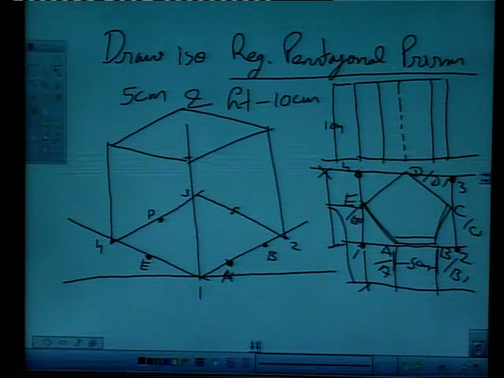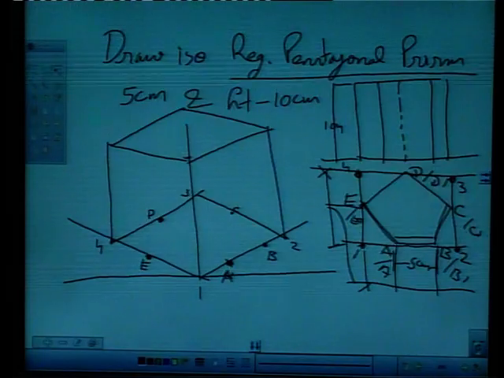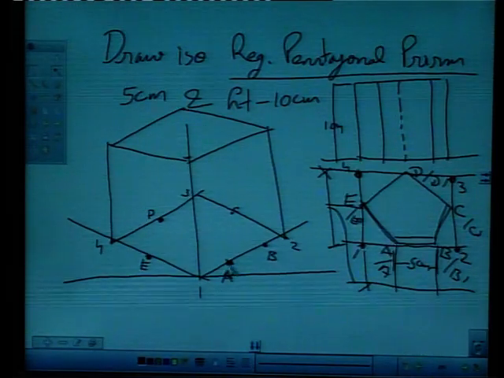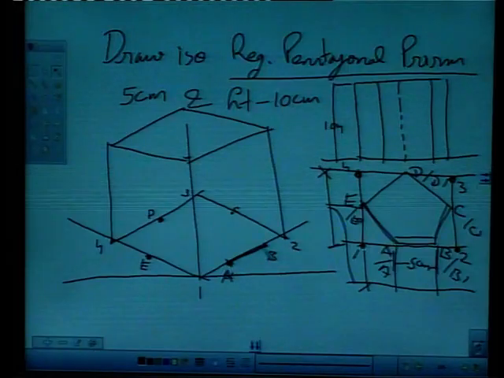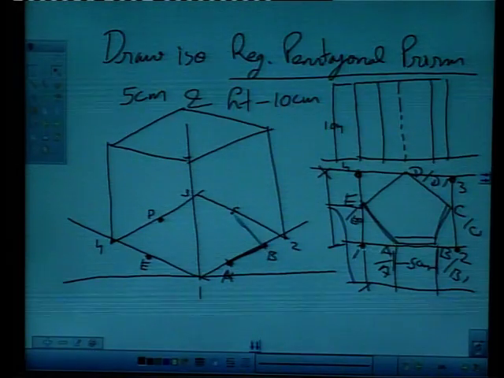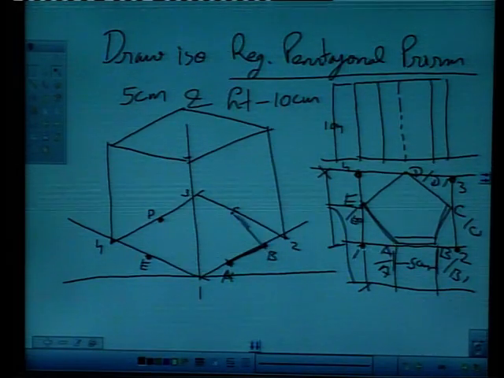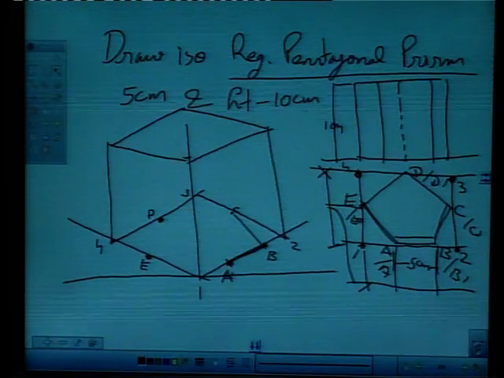Now we have all the points of our pentagon. We can join them freely with scale like this. We will join A with B, right? Then B with C in guidelines only. Initially we will join all these points with guidelines only, right?